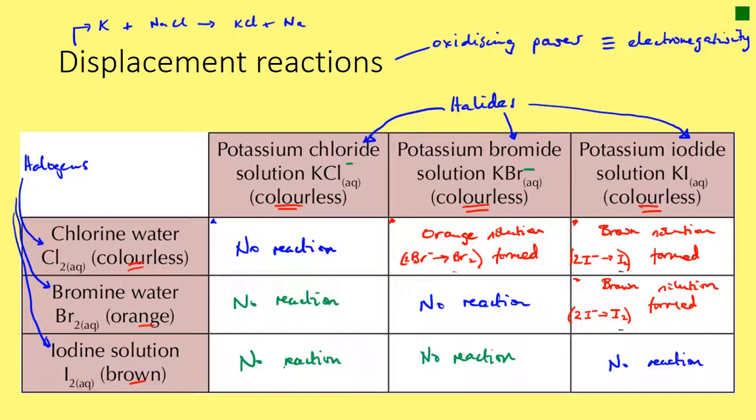So we're going to see two iodide ions making an iodine molecule in solution, and that's going to mean there's a brown solution formed.